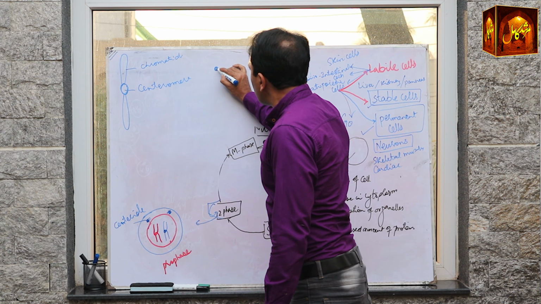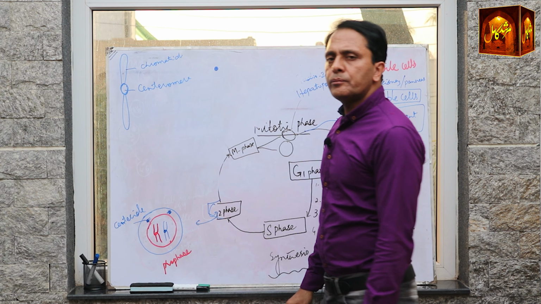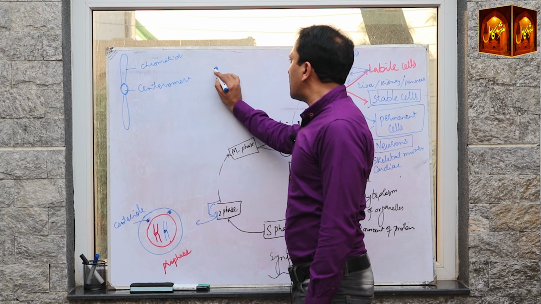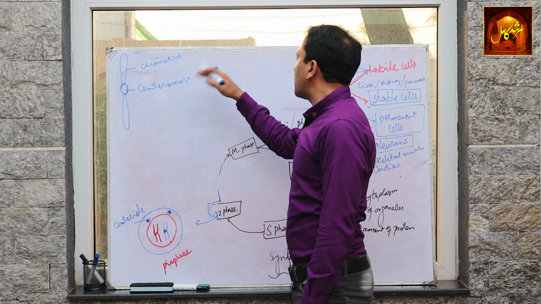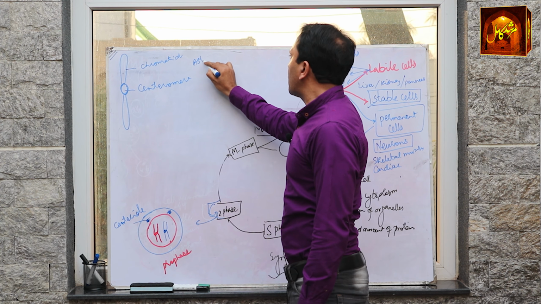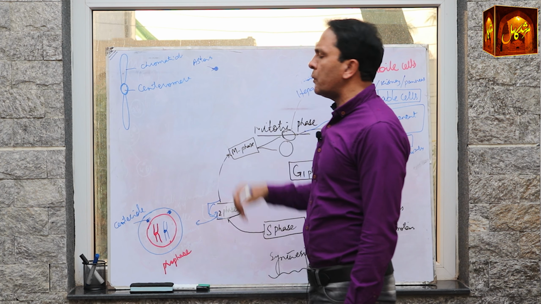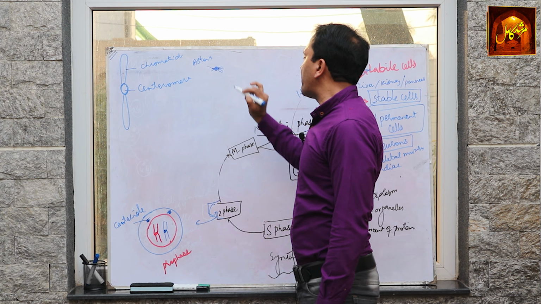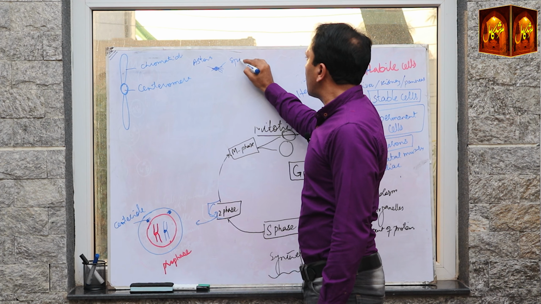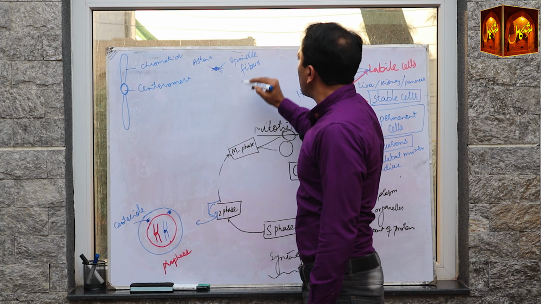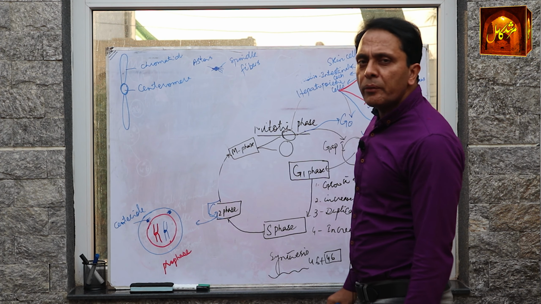When we talk about the centriole, from its backside, asters are originated, the small threads. On the front side, the spindle fibers will be generated.